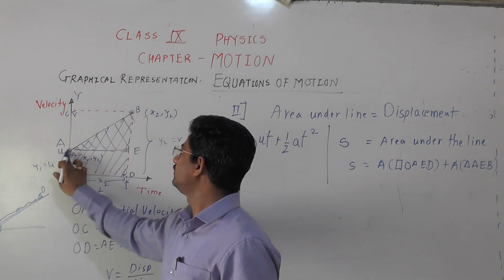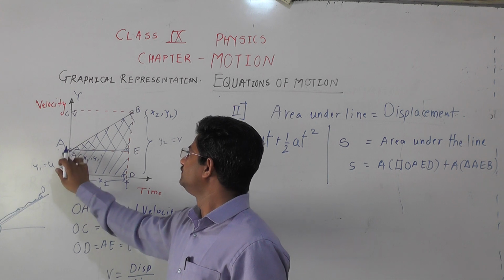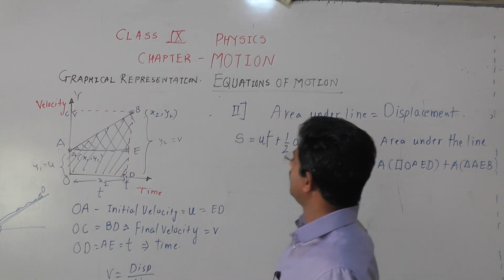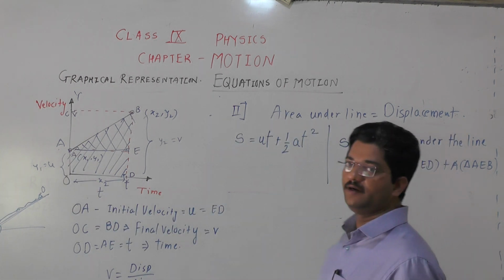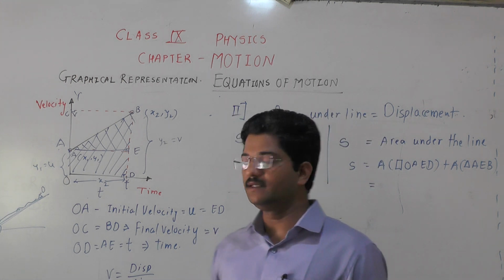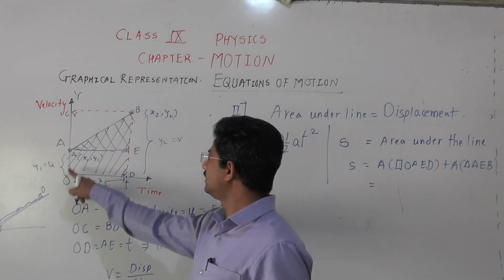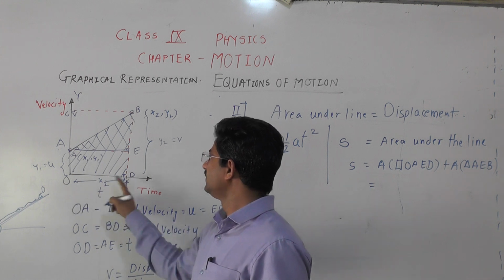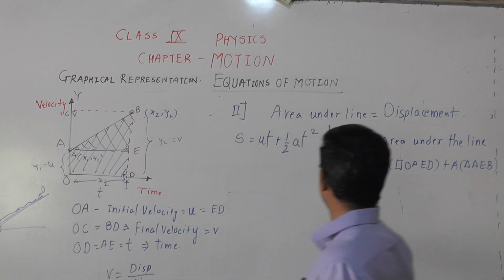This is point A. The area of a rectangle, you already know, is length into breadth. So here we consider length as OD and breadth as OA.